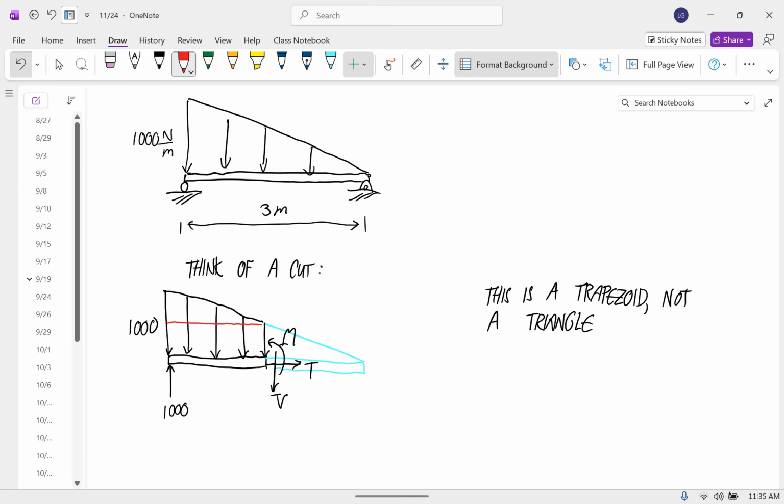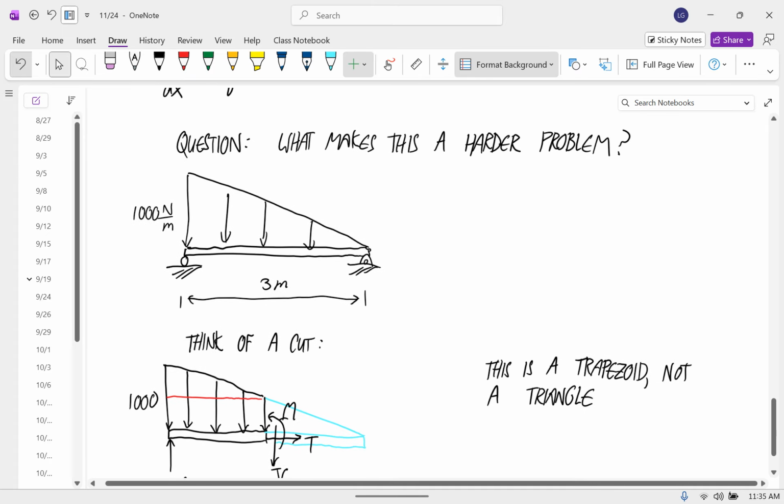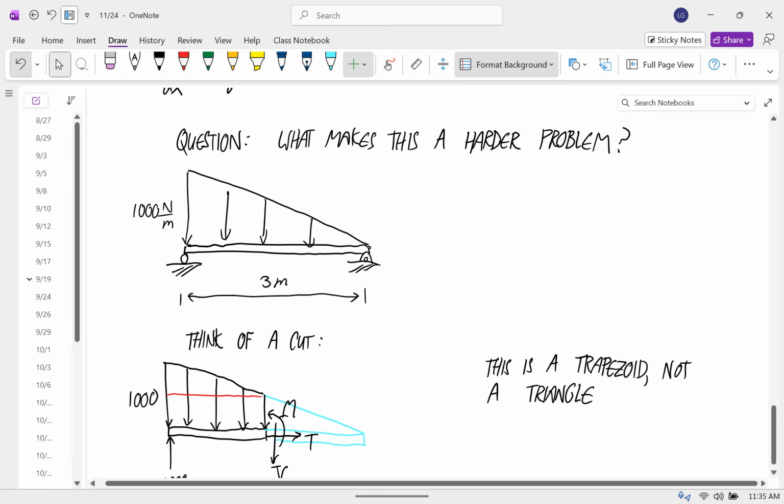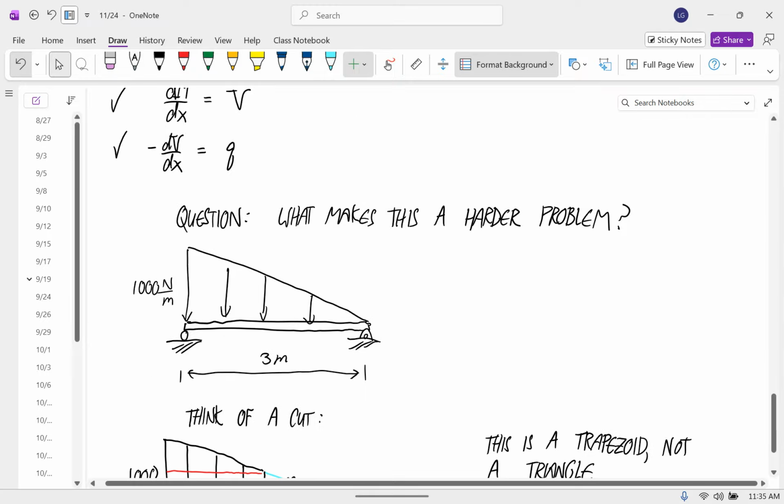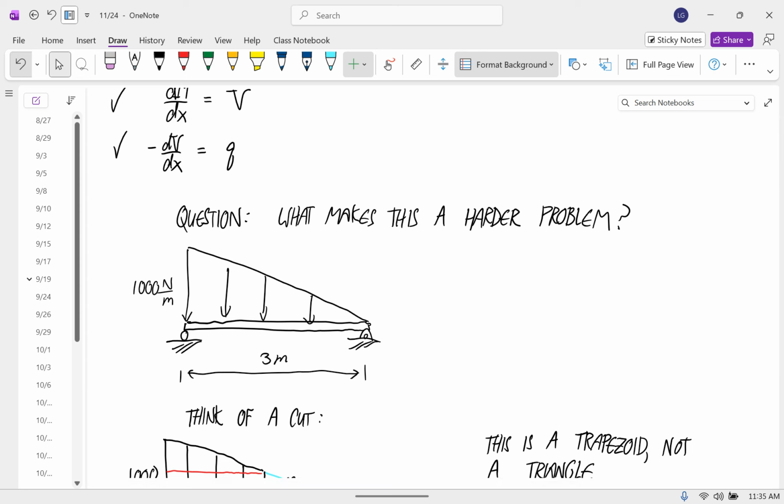It's just a little bit of a pain. So a better way to do a problem like this, if you ever see a triangle where the edge is on your left side and the point is on your right side, is to just imagine walking to the other side of the beam and do it backwards. That's easier than all this trapezoid stuff.